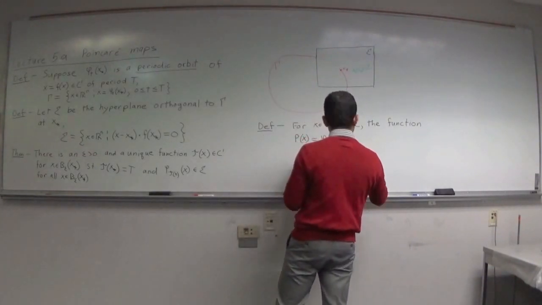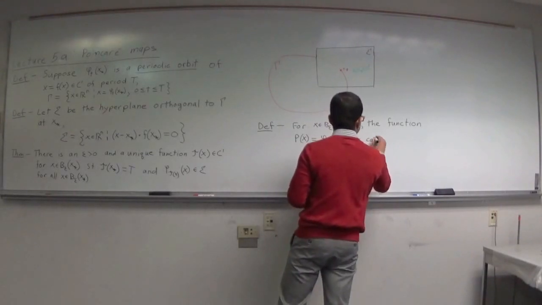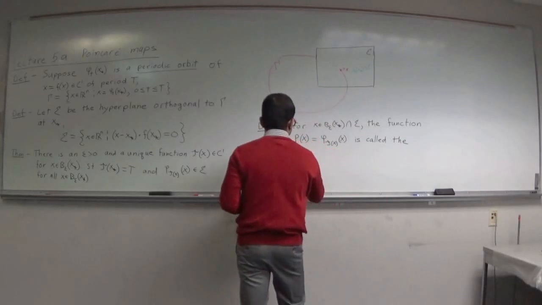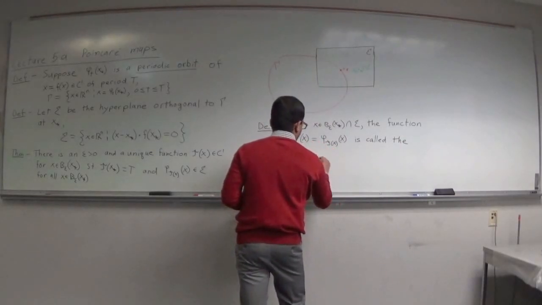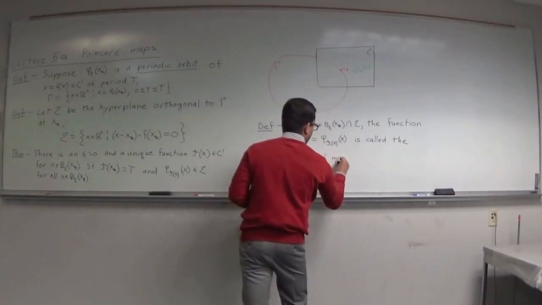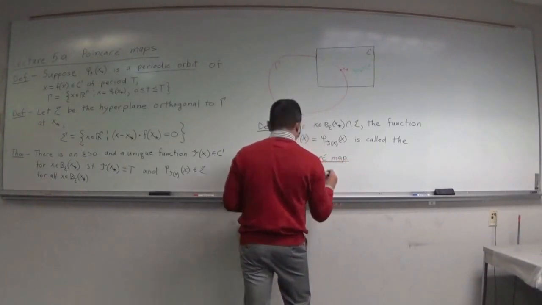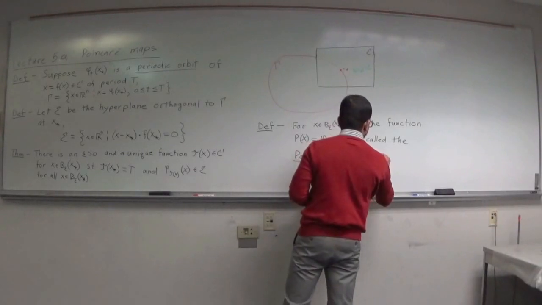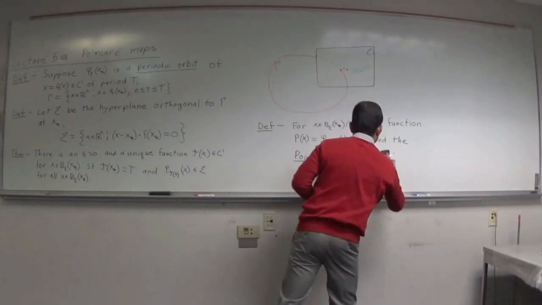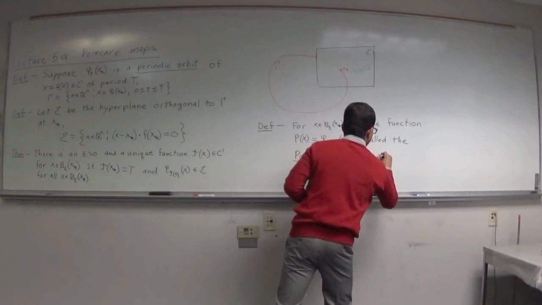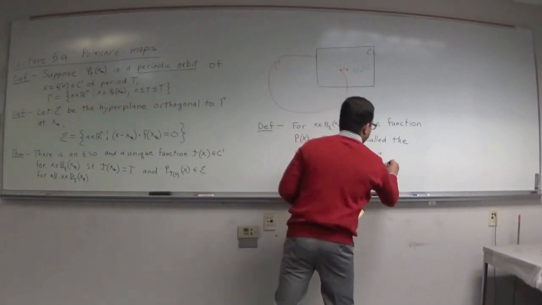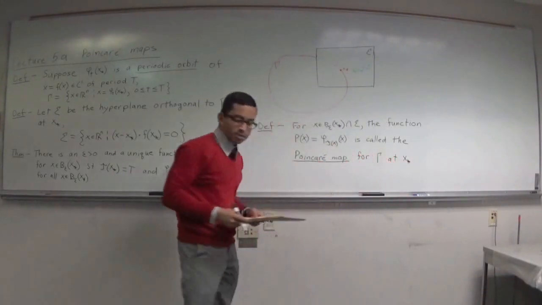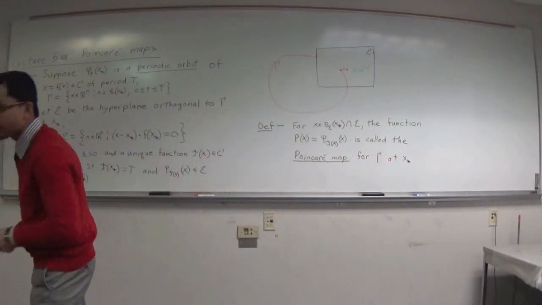So this function is called the Poincaré map. So that's called the Poincaré map for gamma, for the periodic orbit at x star. So that's how we define the Poincaré map.